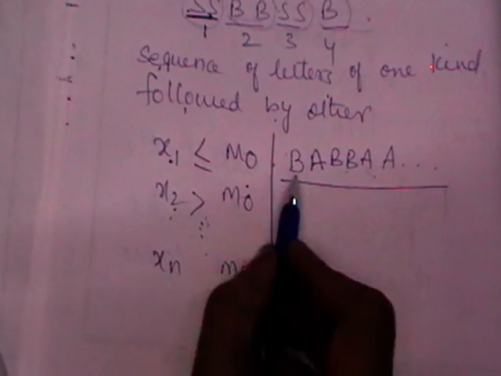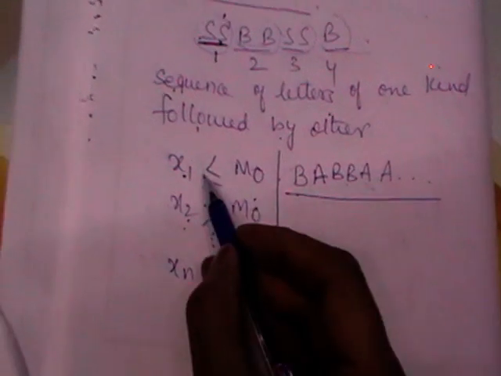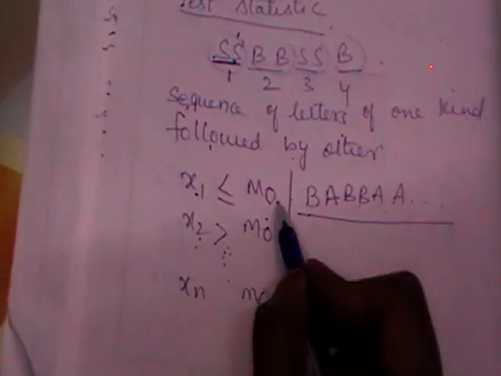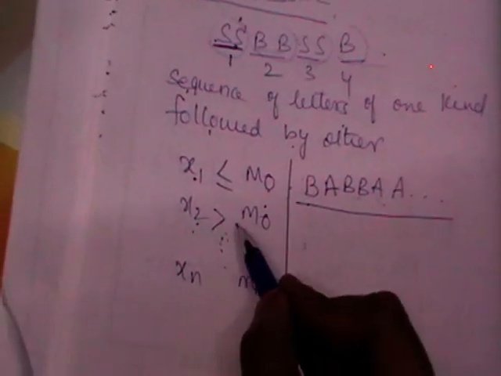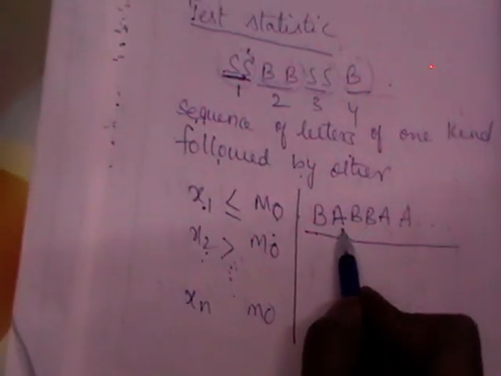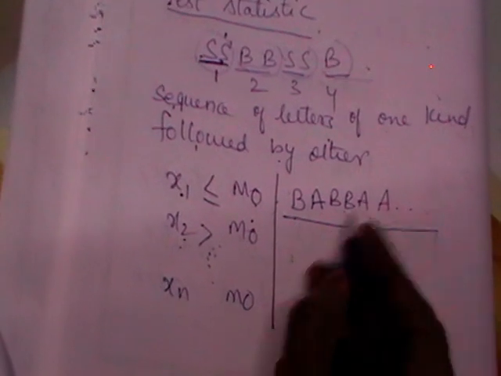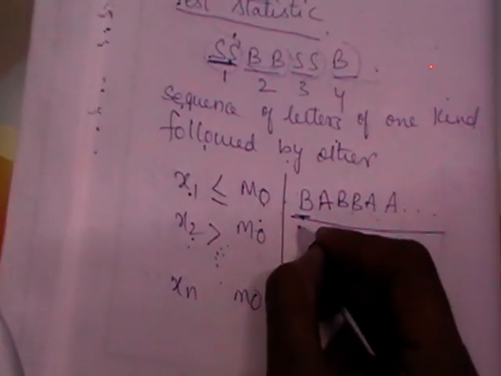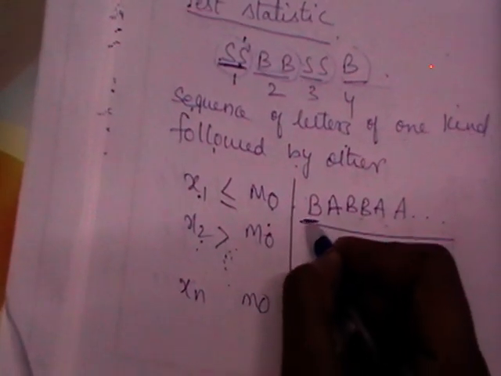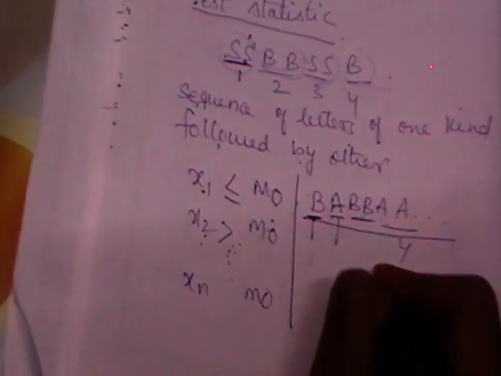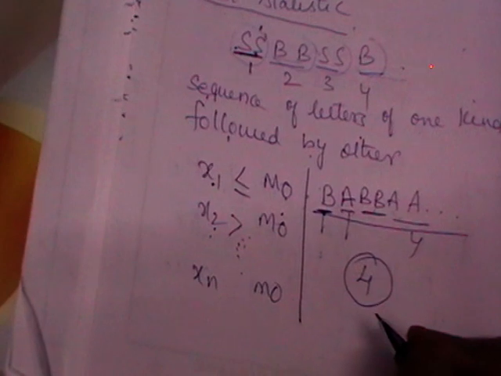If the observation is less than the median, you write B. If it is greater than the median, write A. Equal to also you write A. Then you will get a sequence, and from that you identify the runs. How many runs do we have? This is 1, 2, 3, 4. The number of runs here is 4.